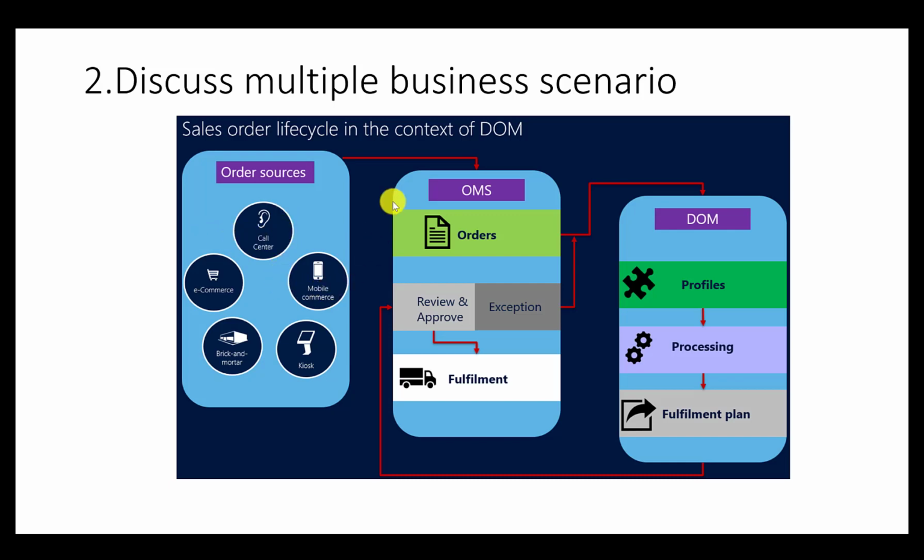Once that is there, it goes into the order management system where this green box is just a regular sales order and nothing has been done yet to them. Then the DOM batch job picks it up. It looks at the profile.